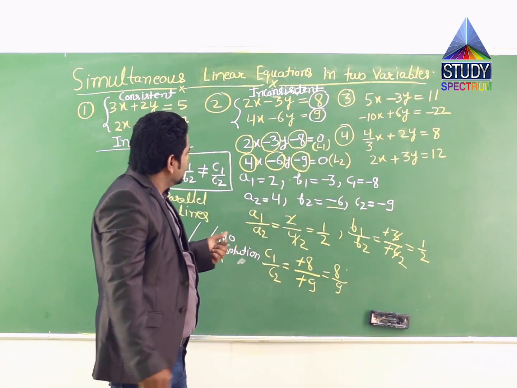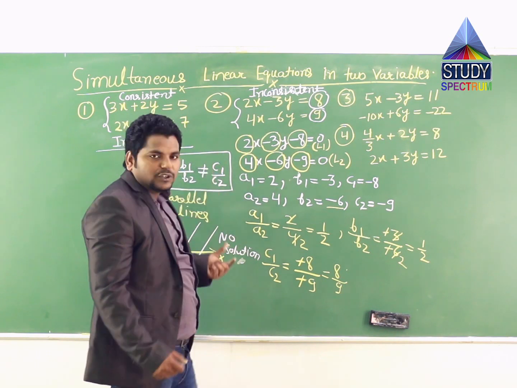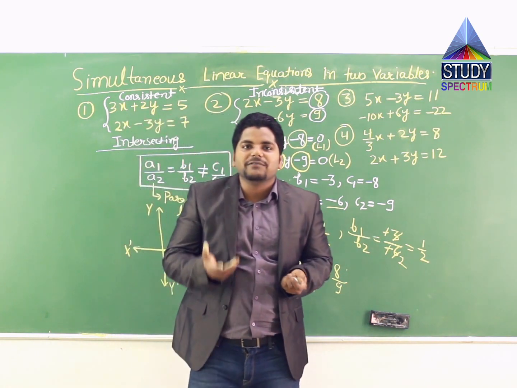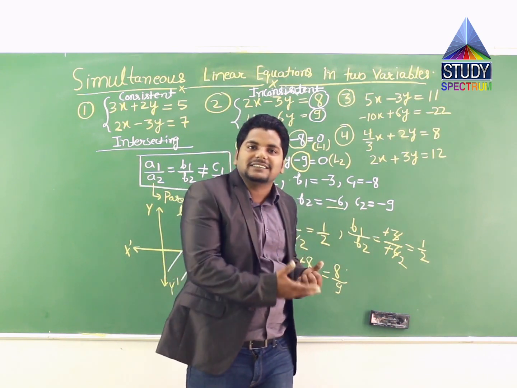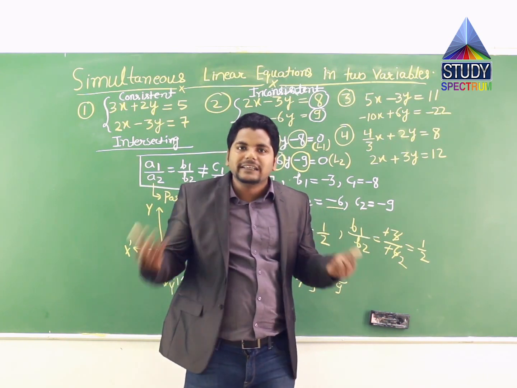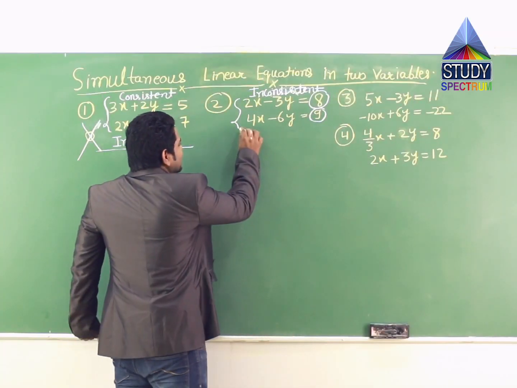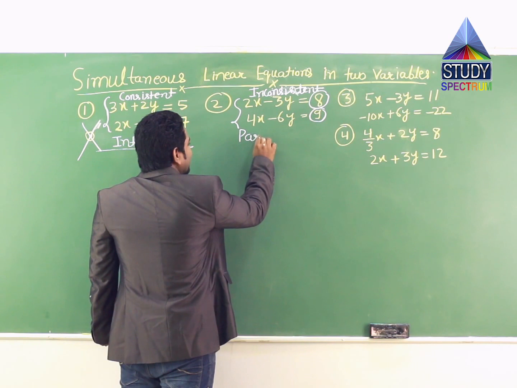So we have just observed when a system of linear equations is consistent or inconsistent, and these are parallel lines.